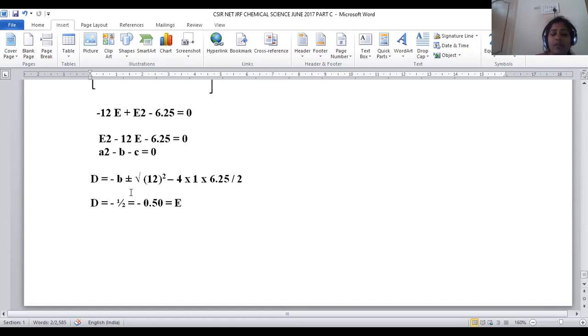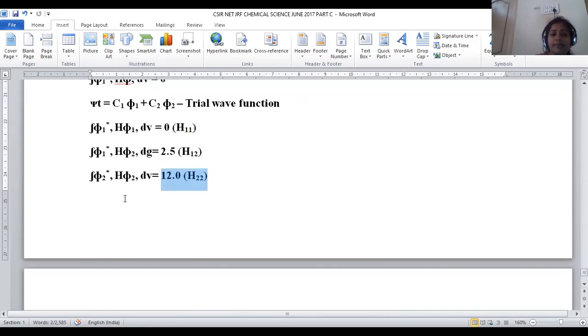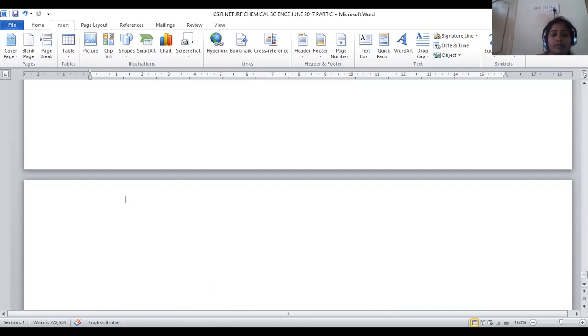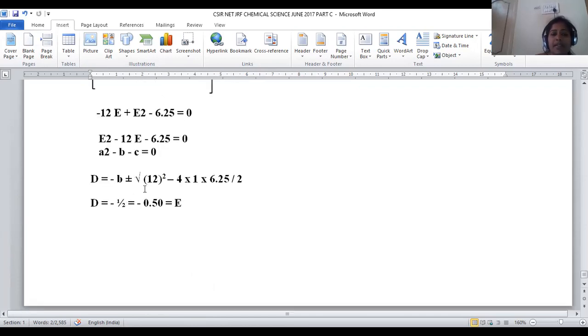So we apply in the equation minus b plus or minus under root 12 square minus 4 into 1 into 6.25, by 2. After doing all this calculation, it is taken as minus 1 by 2. Minus 1 by 2 is nothing but minus 0.50.